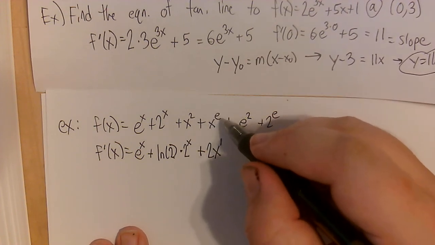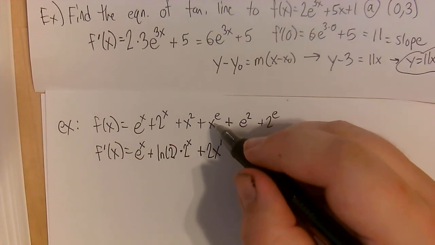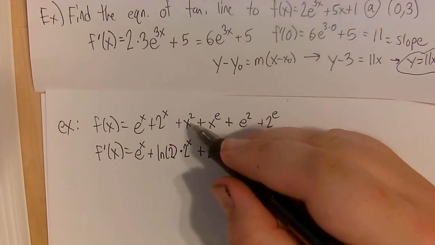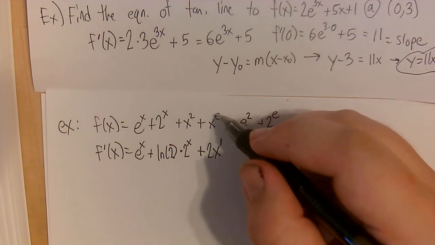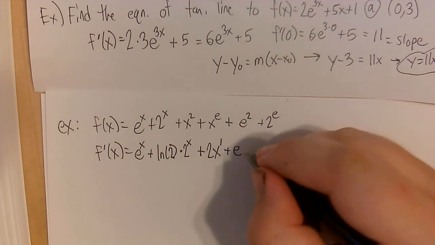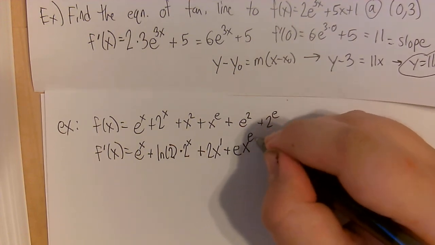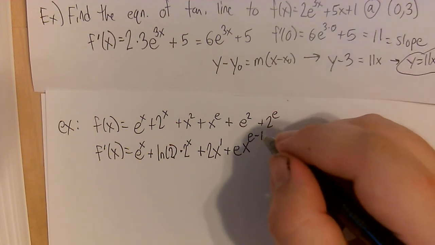Even though this is kind of a strange power, we can still do this exactly the same way that we did with x squared. Since it's a variable raised to a constant power, we bring the constant to the front, so we bring e to the front, and then we lower the power by 1. So we're going to have e minus 1 right here.